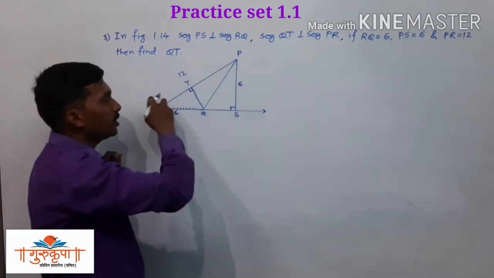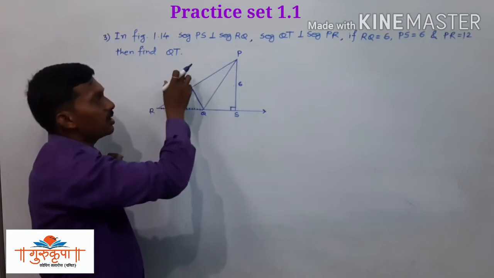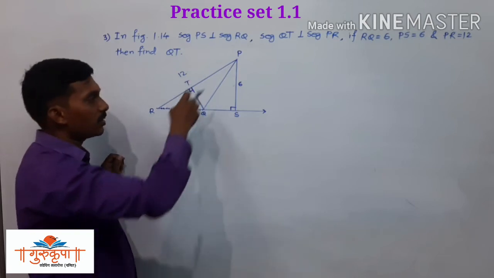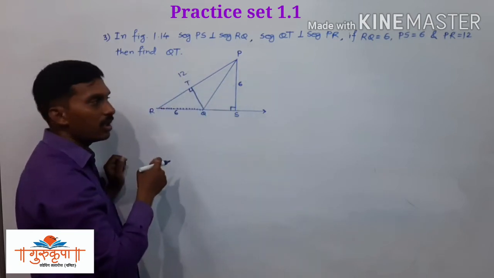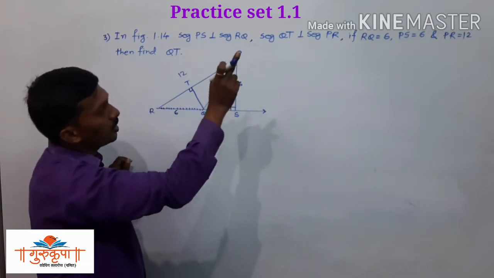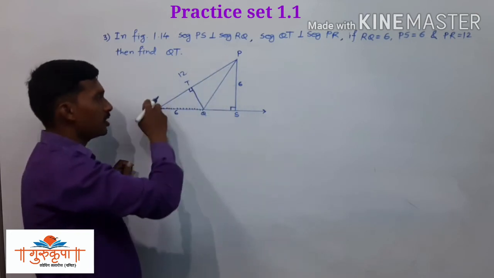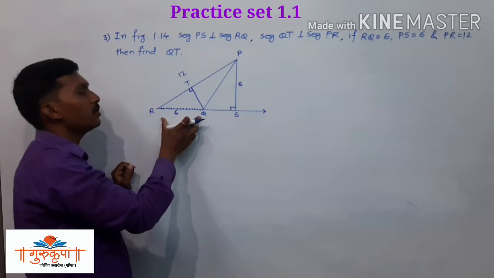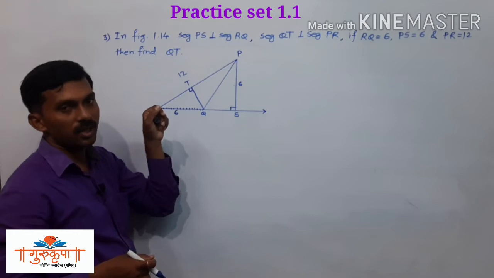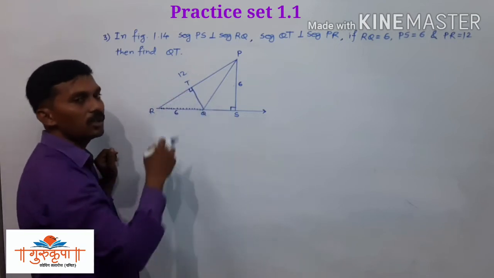In this triangle PQR, here we consider that PR is the base which is given 12 units. At that time the height is QT for triangle PQR. And now for the same triangle it is given that QR is equal to 6. This is QR. Now for this triangle PQR we consider that QR is base. At that time the height is 6. And now we have to get the length of side QT.